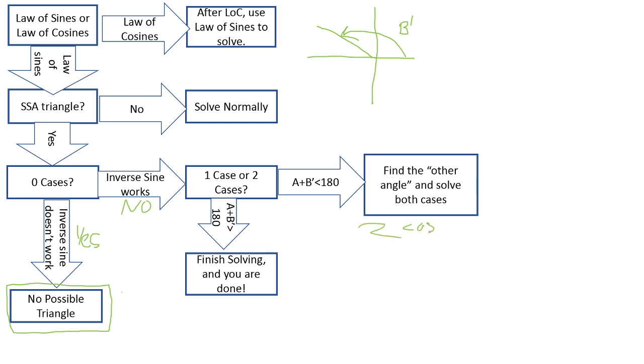Okay? If A plus B prime is greater than 180, just keep going. You're done. Technically, if A plus B prime is 180, then it is also going to be only 1 case. But if you're getting that, round it a little less, and it should be okay.